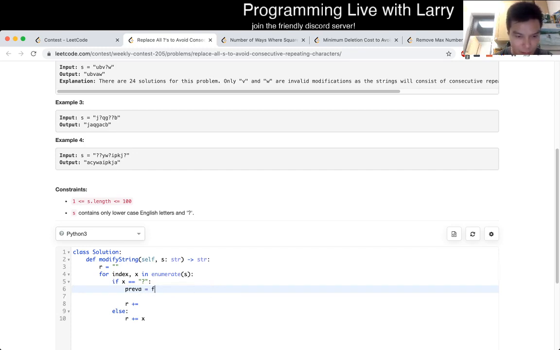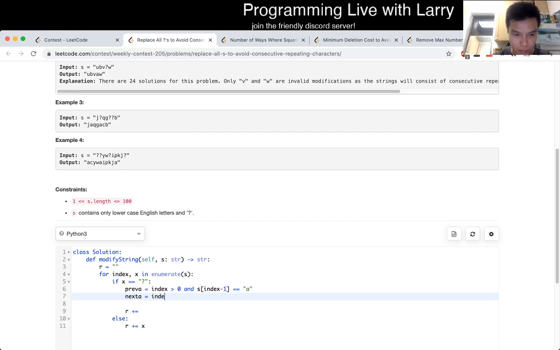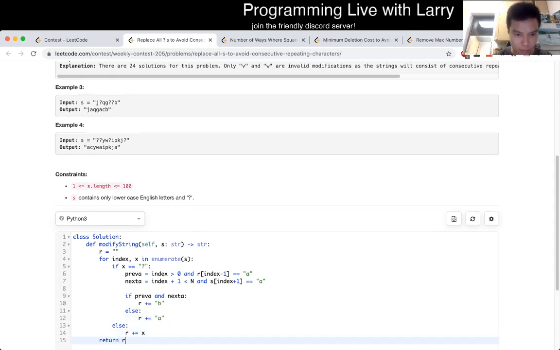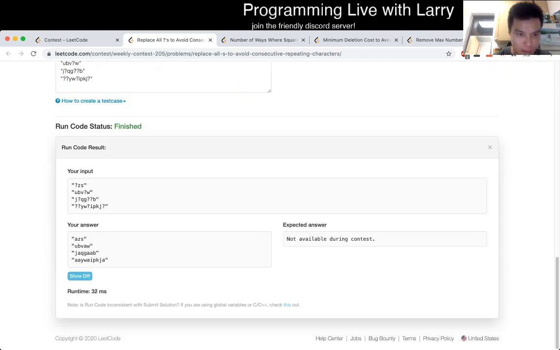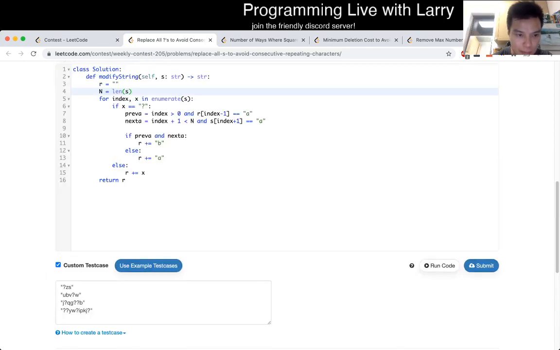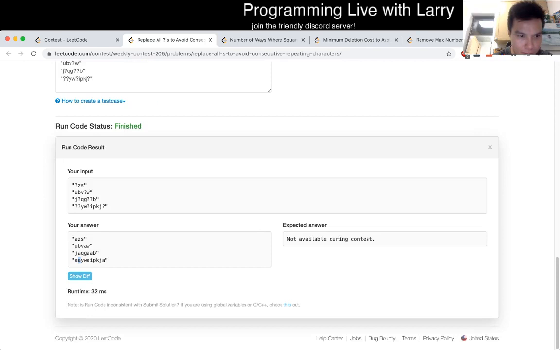What the? What was I looking at? Oh, oops.